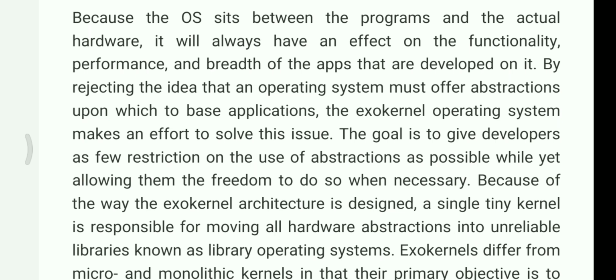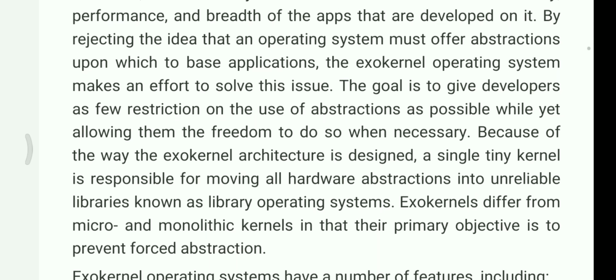Then the goal is to give a developer as few restrictions on the use of abstraction as possible while still allowing them the freedom to do so when necessary. Because of the way the exokernel is designed, a single tiny kernel is responsible for moving all hardware abstraction into untrusted libraries known as library operating systems.